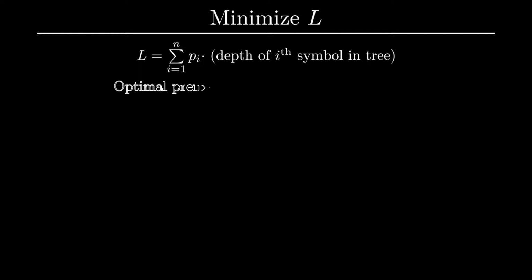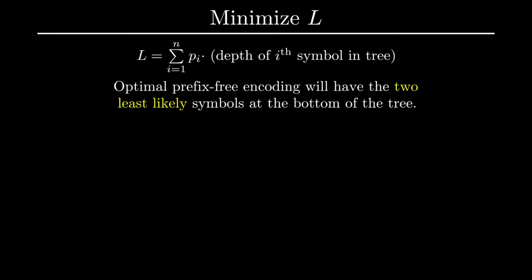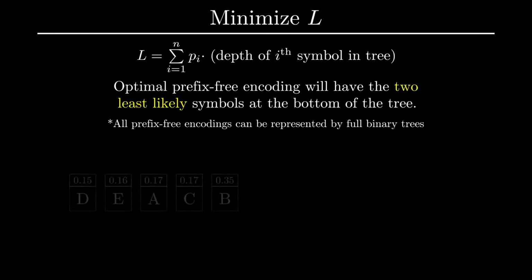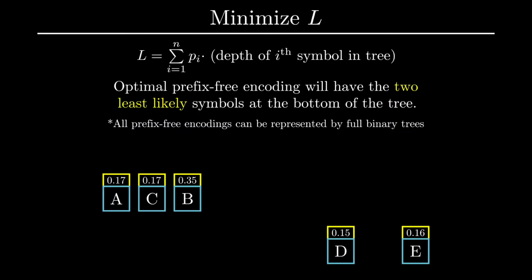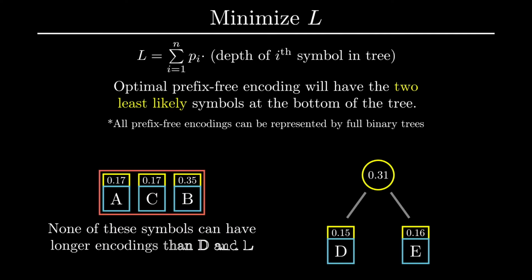One immediate fact that comes from this formulation is it must be true that the optimal full binary tree representation must have the two least likely symbols at the bottom of the tree. In other words, it can never be the case that there exists some other symbol in the optimal tree that has longer encoding length than the two least likely symbols. This makes sense intuitively since we want less likely symbols to generally have longer encodings.